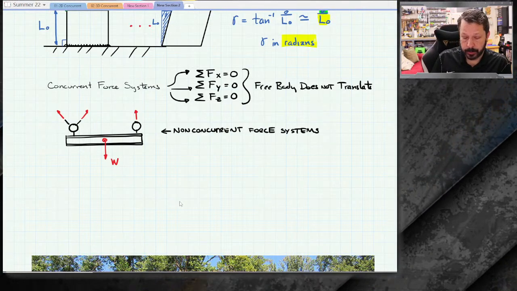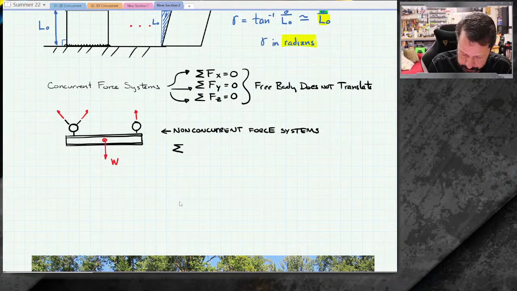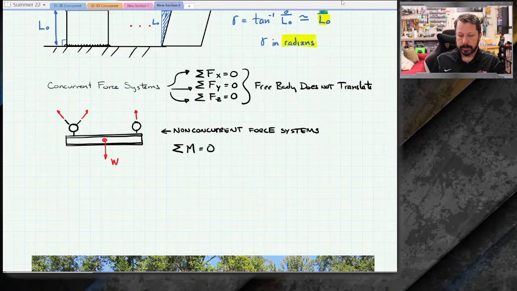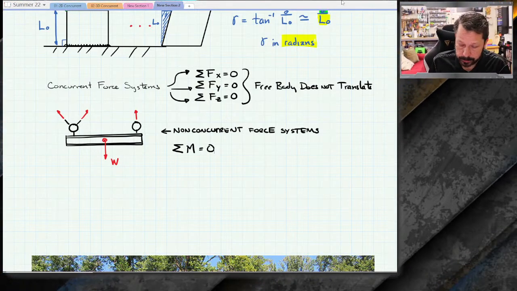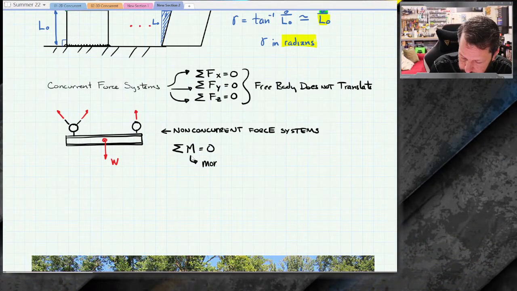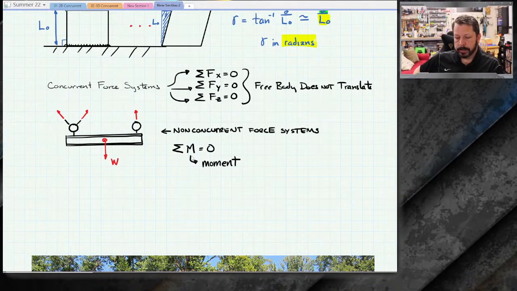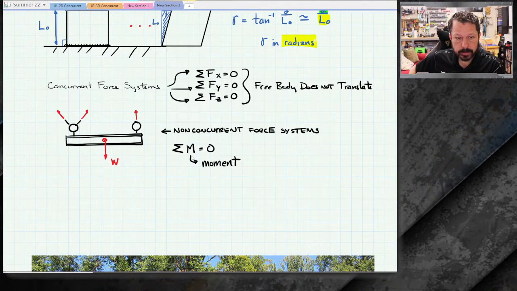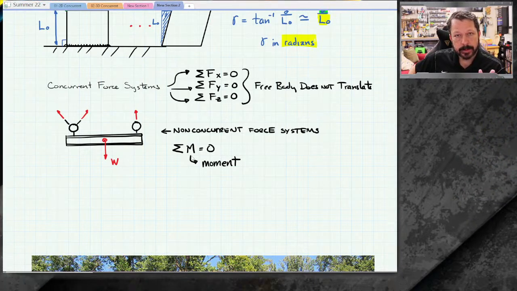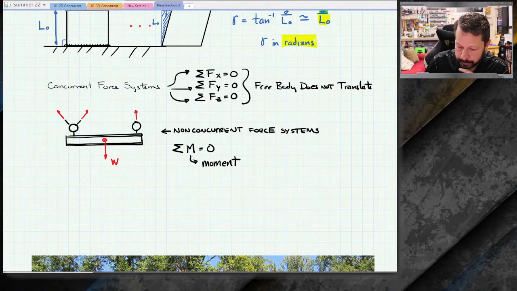another equilibrium equation, and it looks like all these others, except it's this: summation of M equals 0. The M is called a moment, and a moment is a particular type of thing, like a subset of a torque.